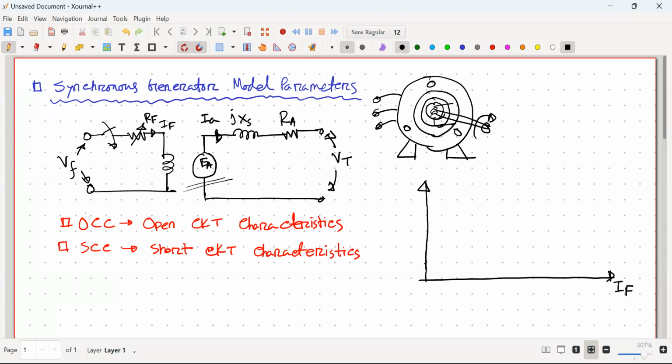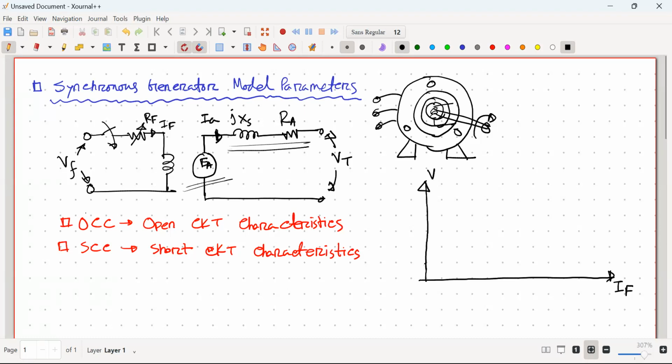I am rotating the rotor, and I am not providing any IF. So what will be the terminal voltage? This terminal voltage will be exactly equal to EA, because there is no current, so no voltage drop will be here. So VT will be equal to EA.